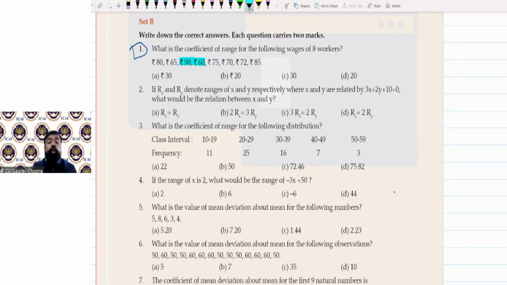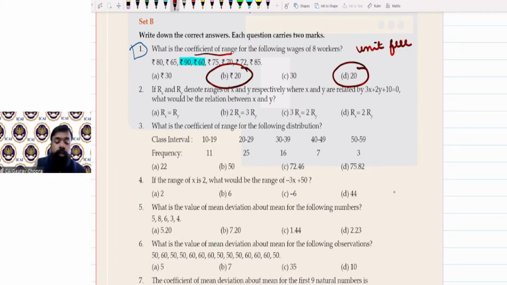There are two 20s in the option. One is having rupees 20 and other is only 20. So which will be correct? So as we know, coefficient of range means whenever we are using coefficients, it is a relative measure. So it is unit free. No units are required. So option number B will be wrong. Correct is option number D.